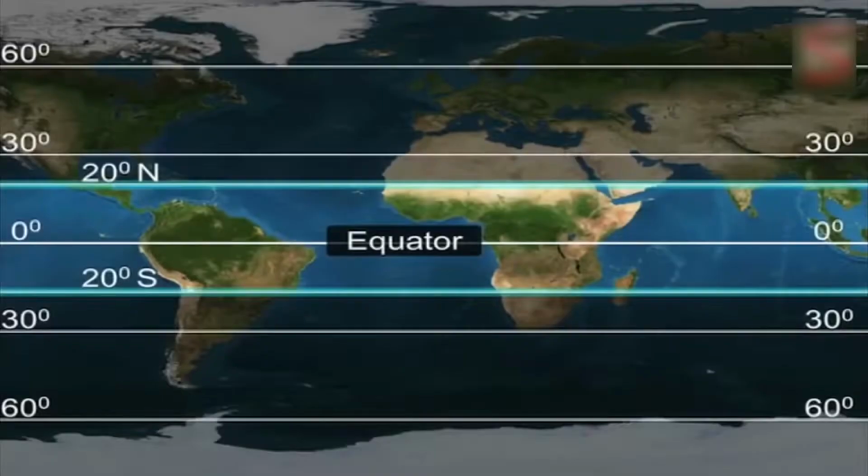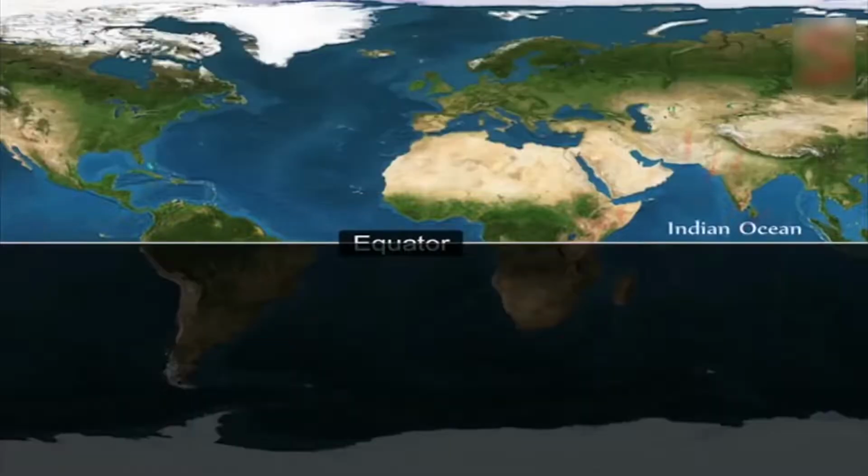Students, where and how do you think the monsoons are formed? The monsoons are formed in the tropical area between the 20 degrees north and 20 degrees south latitudes. The southeast trade winds from the southern hemisphere carry the moisture as they travel over the Indian Ocean and towards equatorial low pressure zones.